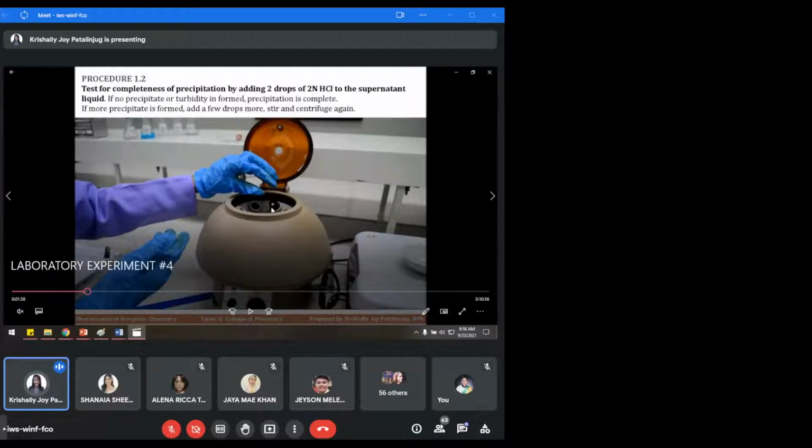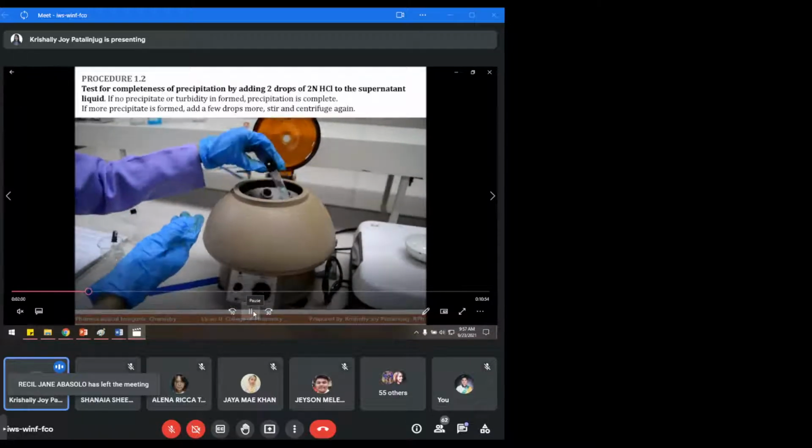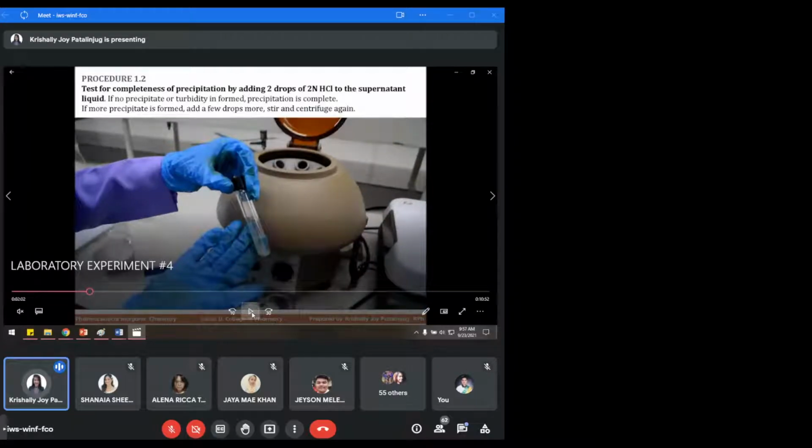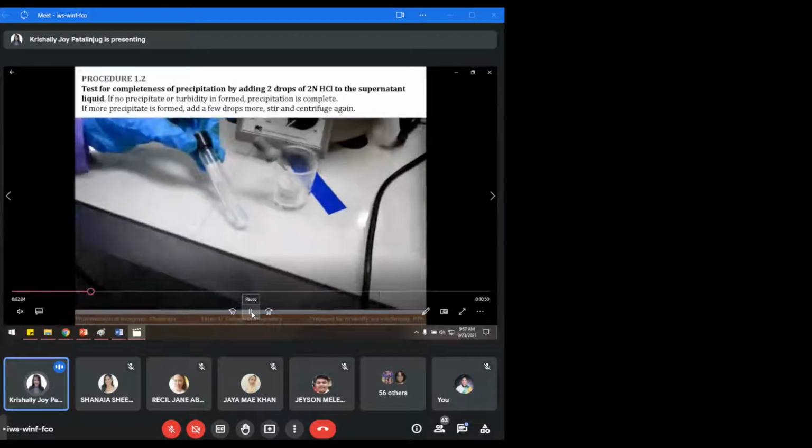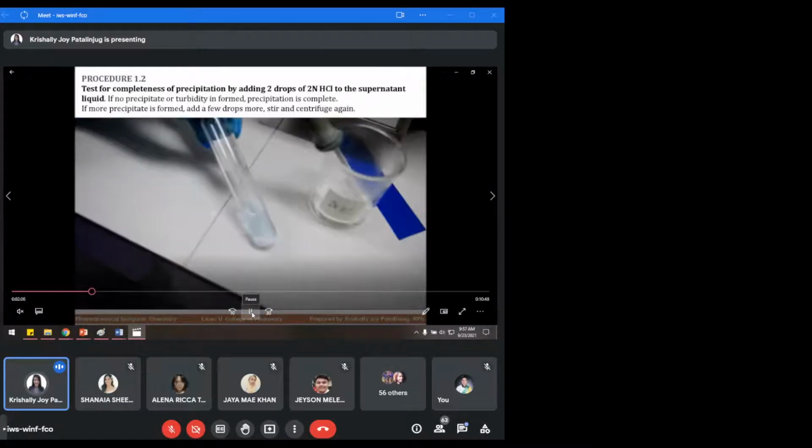So iikot yan yung nasa loob. Okay? Then mapupull down yung mga solid. Kaya pagdating ng tingnan, di ba kanina cloudy yung solution? But ngayon, if we focus, ayan, medyo na-focus na siya sa slide, di ba?